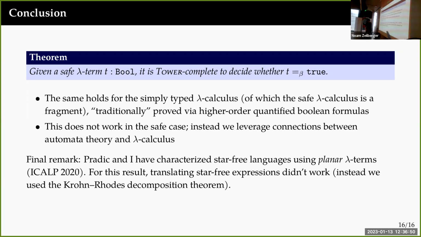So instead, in this ICALP paper, we used a very powerful algebraic decomposition theorem for the kinds of monoids that recognize star-free languages. But here we could reuse this naive idea of how to turn a star-free expression into a lambda term, and it turns out that it's precisely what we need to get this result. So that's it. Thank you for your attention.